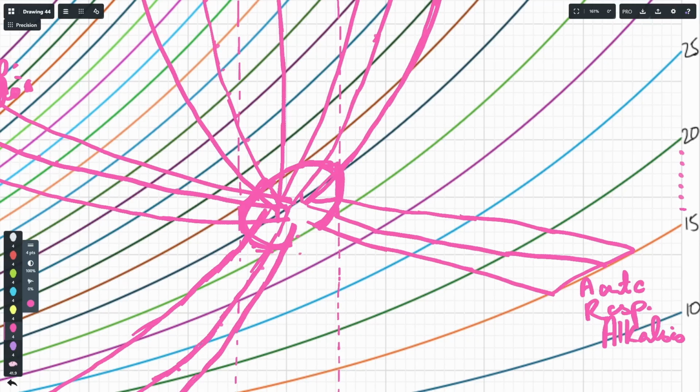Then 0.5, 1 and 2, it is 2.5 here. Then 1, 2 and 2.5 would be here, somewhat here. Then 0.5, 1.5 and 2.5 would be here.